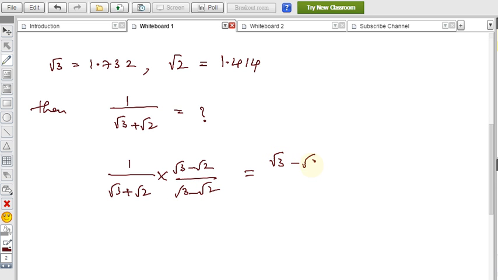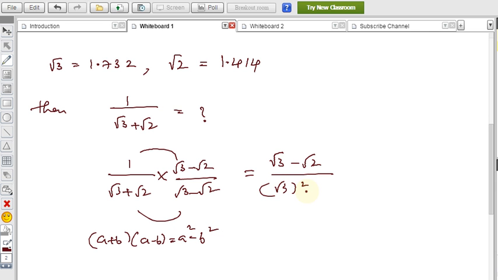Therefore root 3 minus root 2 is in the numerator. In the denominator, this into this and this into this is the a plus b into a minus b formula, which is a square minus b square. That is root 3 whole square minus root 2 whole square.